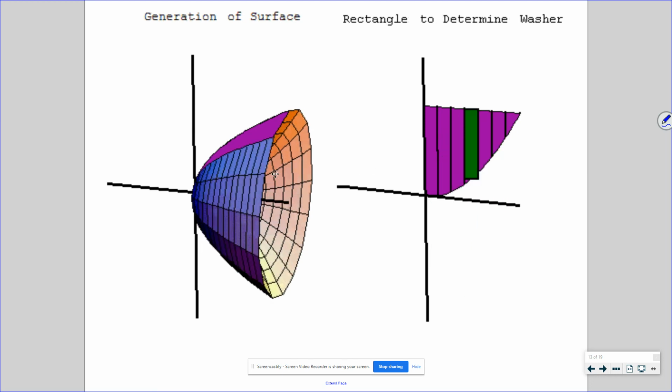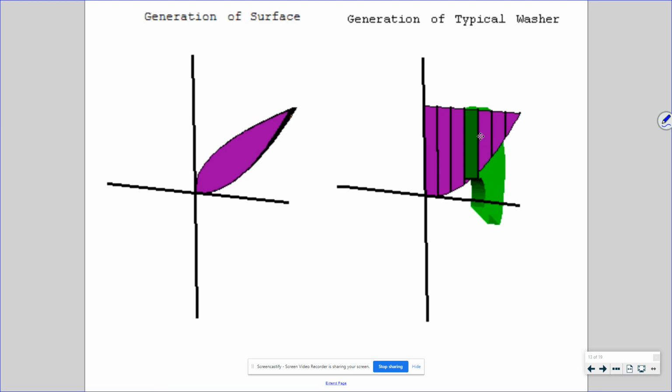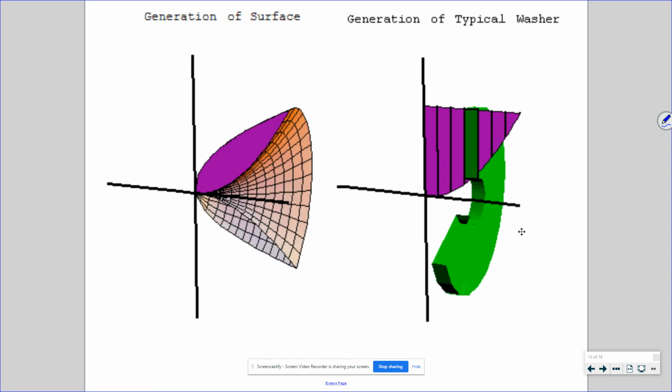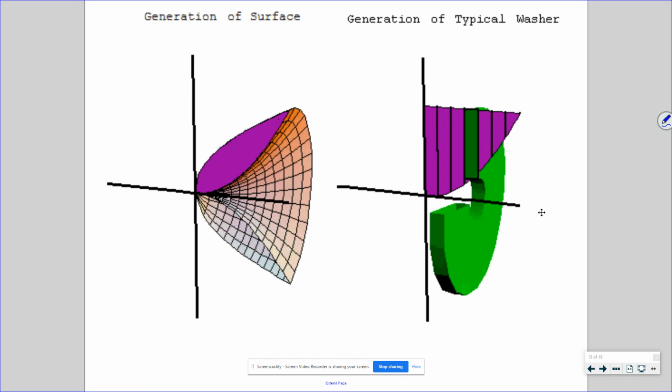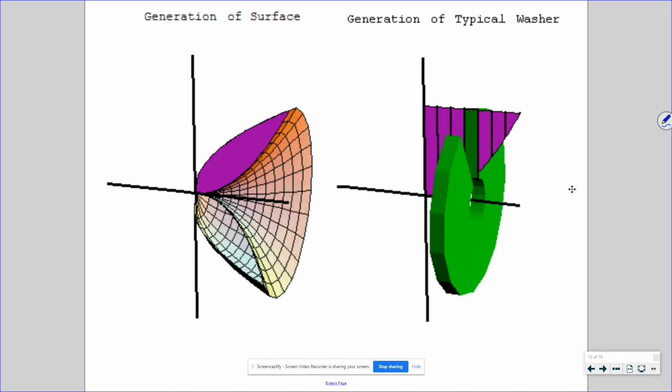So if you look at this little demonstration here, it's showing you a half of a parabola, but I'm going to rotate it about the x-axis. Well, there's going to be a gap because it doesn't touch the x-axis everywhere. So in this case, we're going to have to do something called the washer method or the donut method, if you'd rather call it that, to find the total volume.